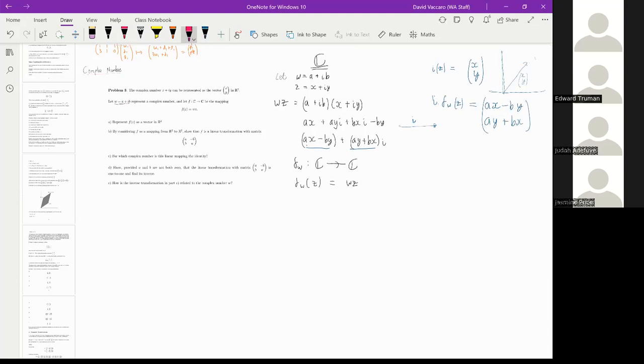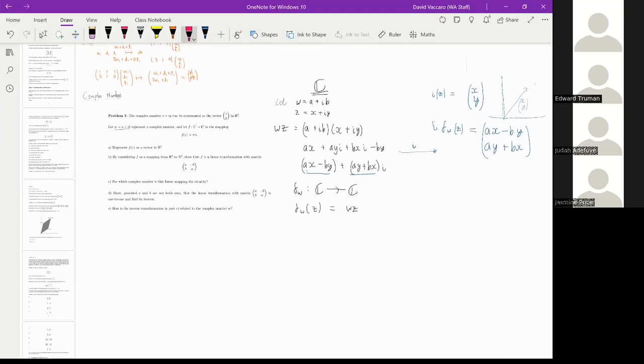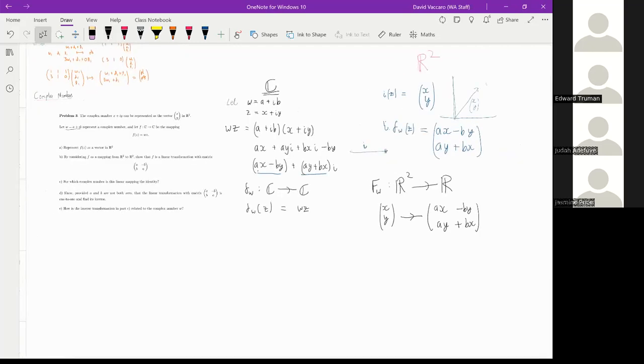So in the world of R2, if I think of this mapping f_w as a mapping from R2 to R2, then (x, y) maps to (ax minus by, ay plus bx). Actually, I'll write it as bx plus ay. We'll see why in a moment.